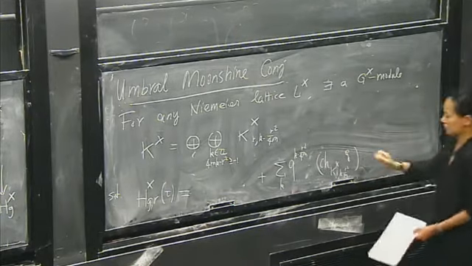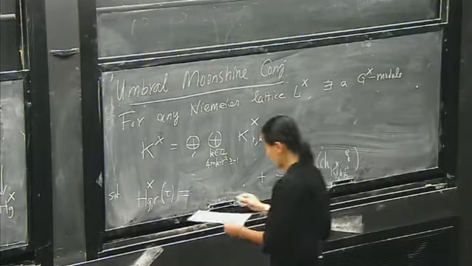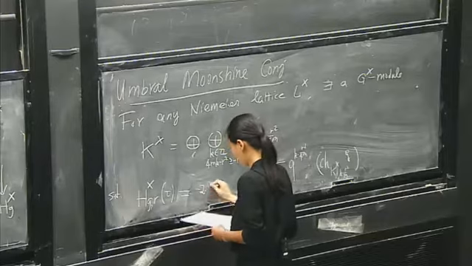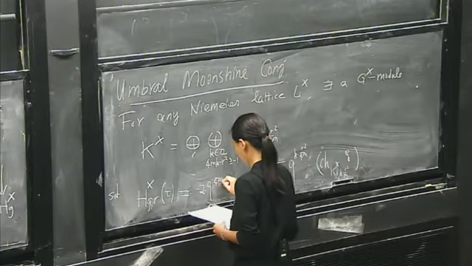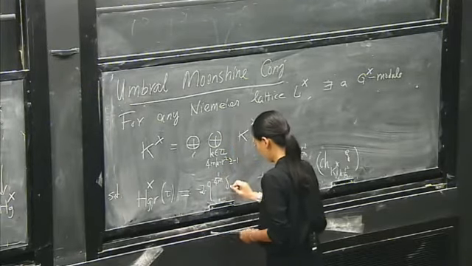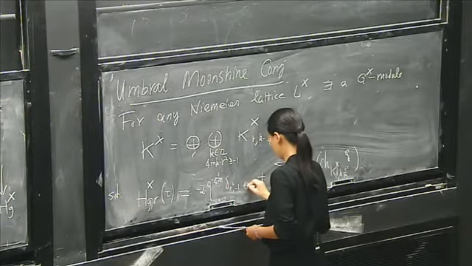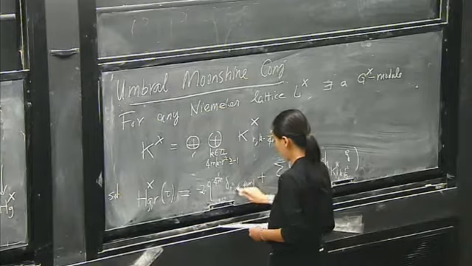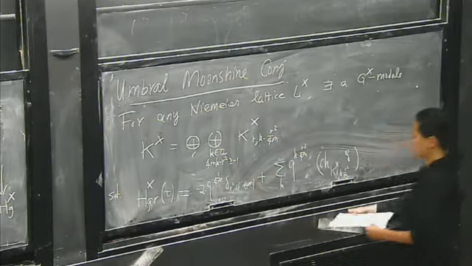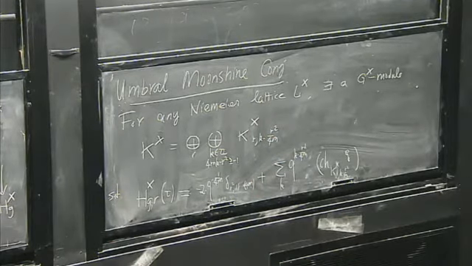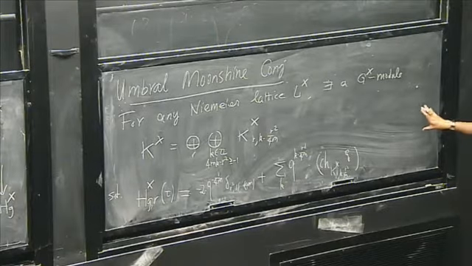And there's a decoration polar term that appears for certain choices of R, namely R squared equals 1 mod 4m. Okay, so this is the Umbral Moonshine conjecture.